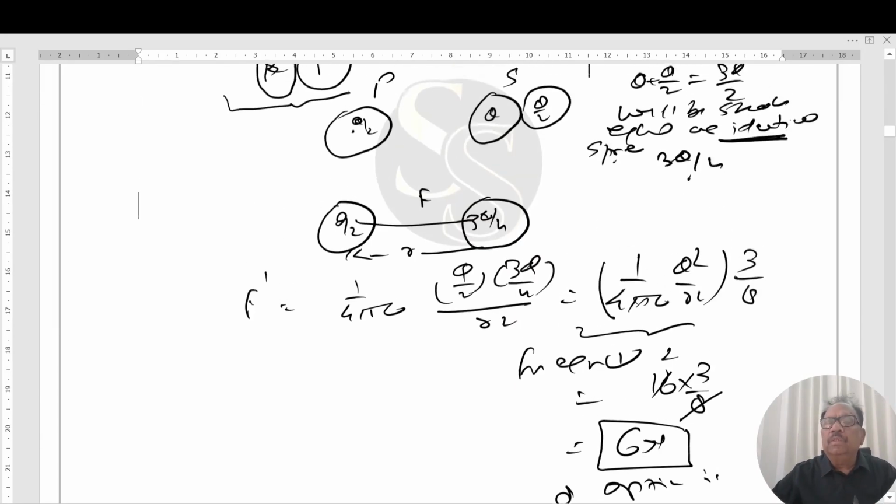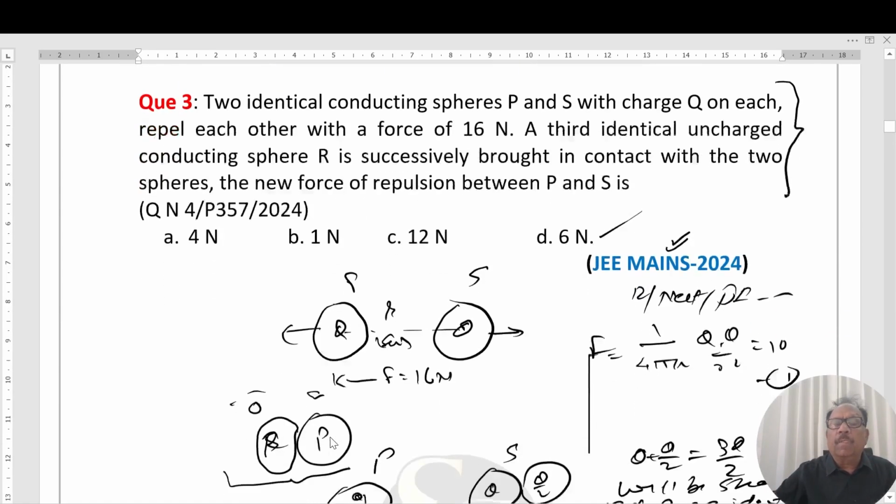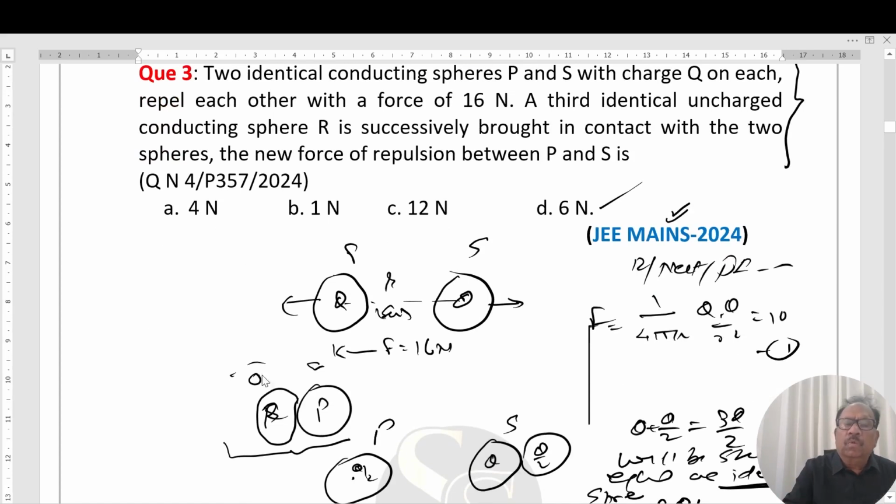In this case, sharing of charges was there. Initially, charge Q, another identical. अगर identical नहीं हो तो another ratio में double. In this case, identical, in which case it will be equally shared. Now, this is P and this is R. So, Q plus 0, equally shared divided by 2.